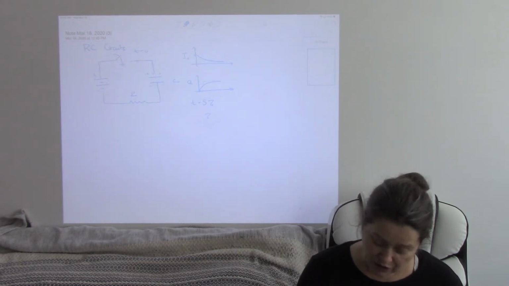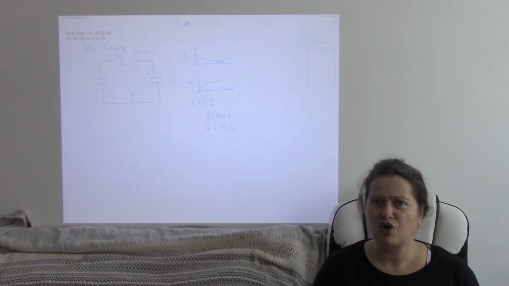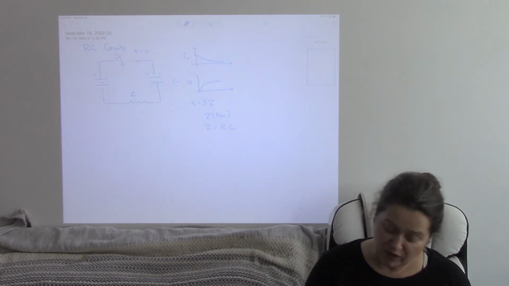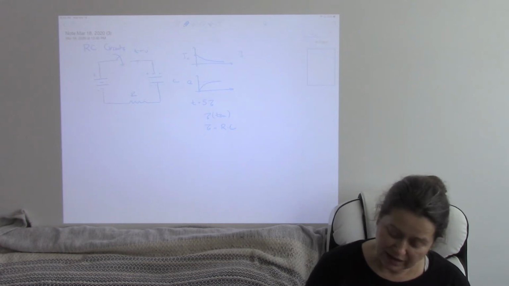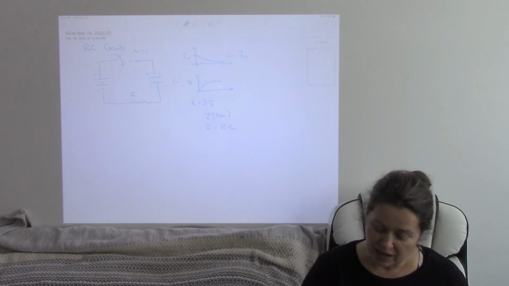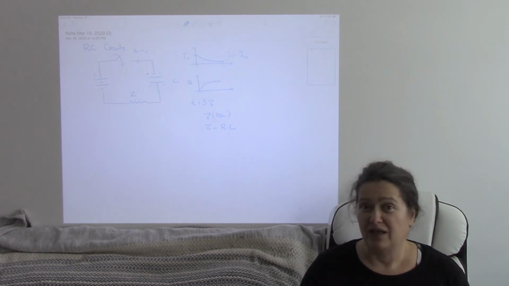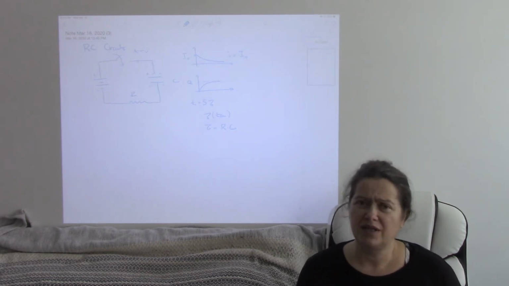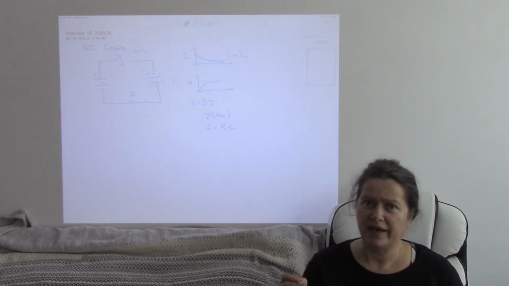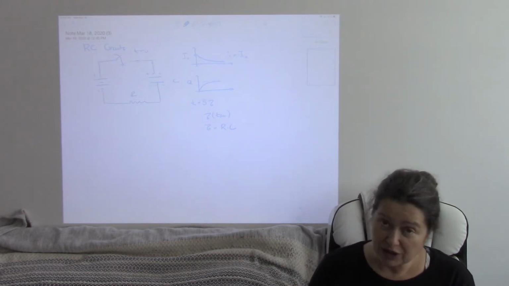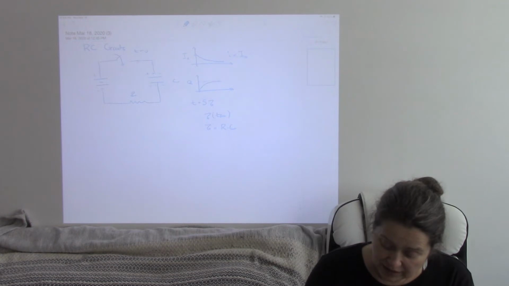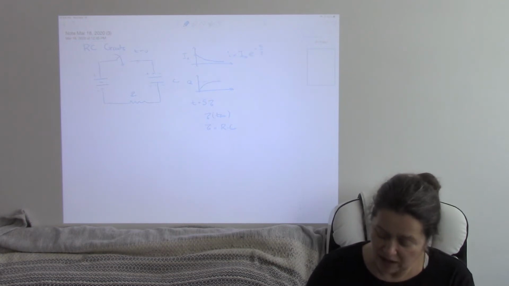Tau, which is a Greek letter, is R times C, and we'll talk more about that. But we will find that the intensity at any given time, lowercase i, intensity being varying, is the initial intensity times e to the negative t over tau, tau being RC.